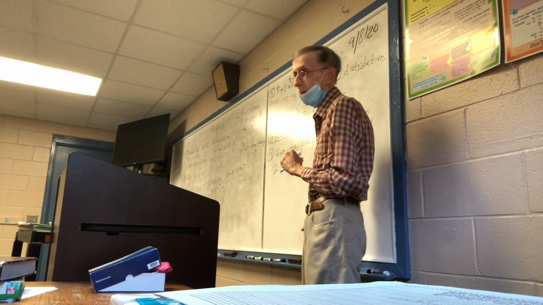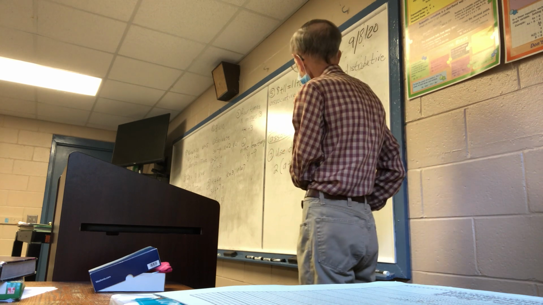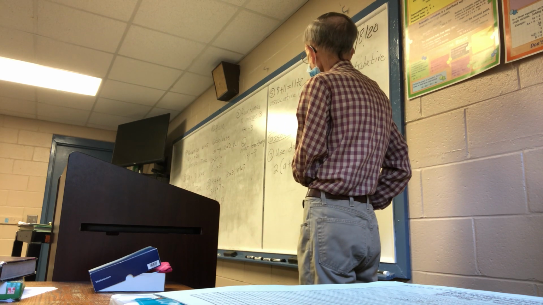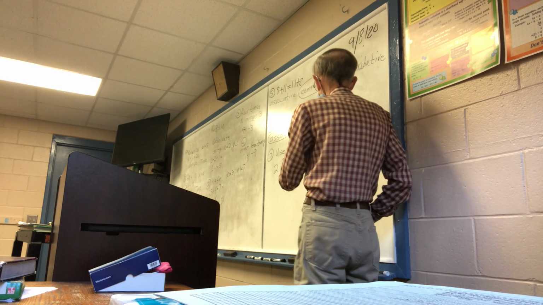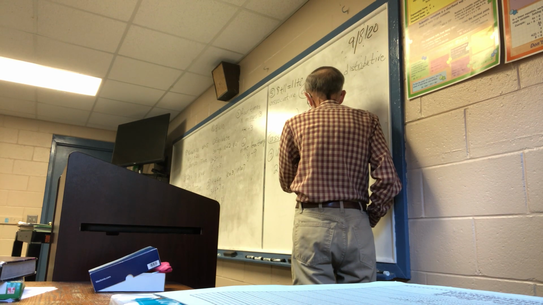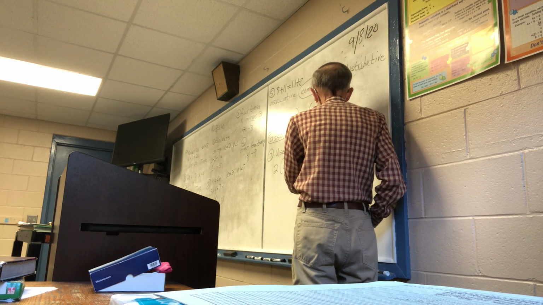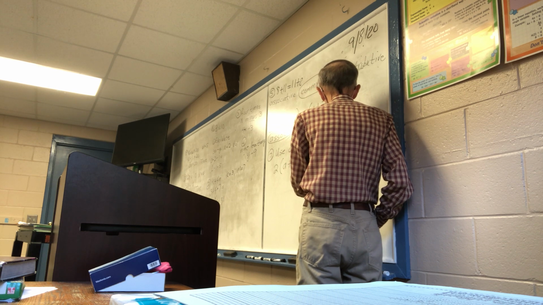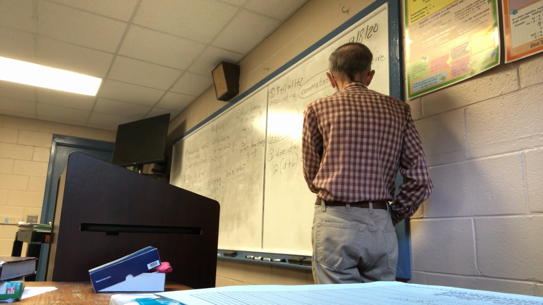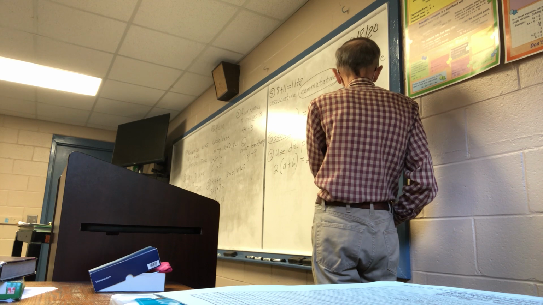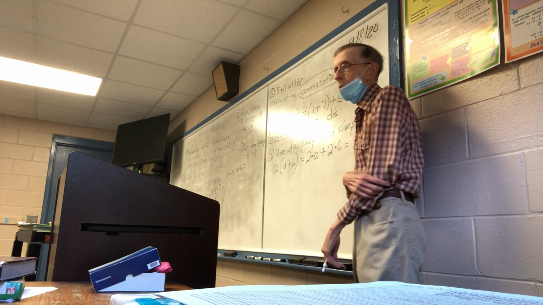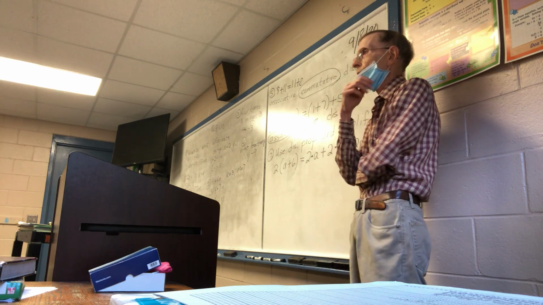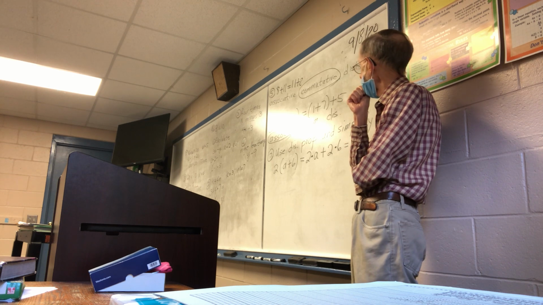Well, the simplify would just be doing the distributive property, but this would be 2 times A, or 2A, or we can put the dot there, plus 2 times 6. So this winds up being 2A plus 12. So, on number 7, you'd have to do the distributive property then.